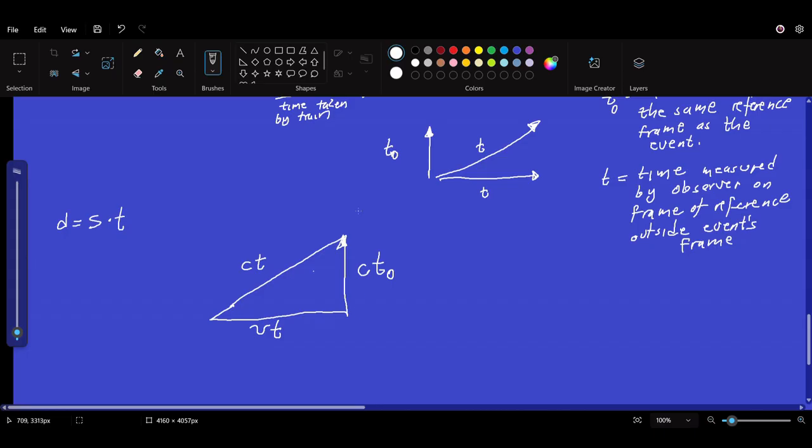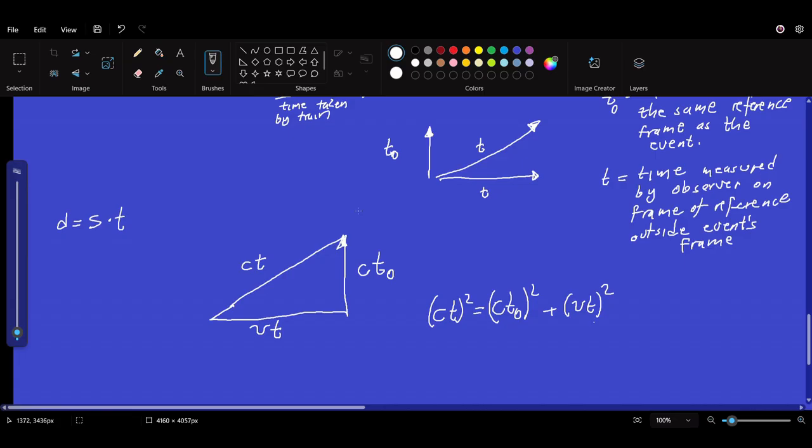If we are to express the distances in terms of this, we can then be led to express the value of ct using the Pythagorean theorem, where we know that the hypotenuse, all of this squared, should be equal to the opposite, all of it squared, plus the adjacent component, all of it squared.